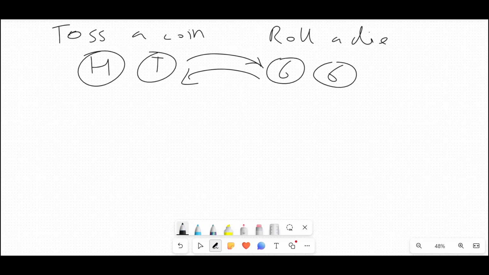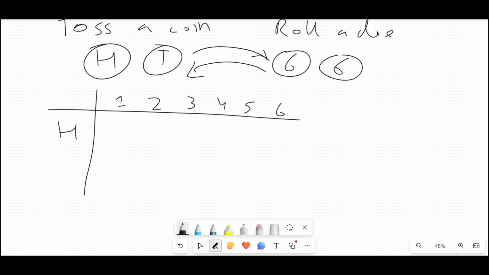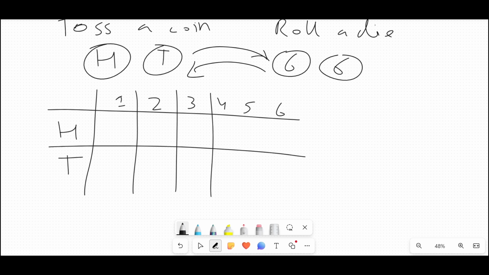And for such an occasion, we list the possible outcomes. So let's say over here we have the die. I'm listing the outcomes of a die: 1, 2, 3, 4, 5, 6, and here is the coin, heads and tails, right? Now I'm just writing these two together. This is 1H, this is 2H, this is 3H, 4H, 5H, 6H.